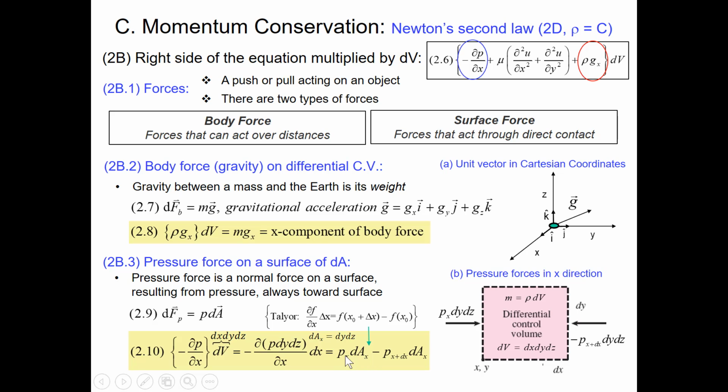Finally, we apply the Taylor expansion to get the pressure forces difference. Therefore, this term represents the pressure force acting on the left face and the right face of the control volume.